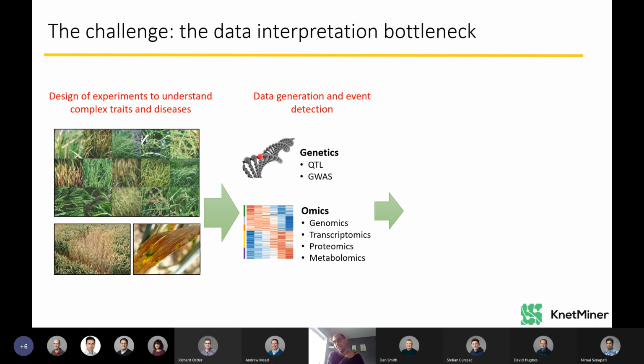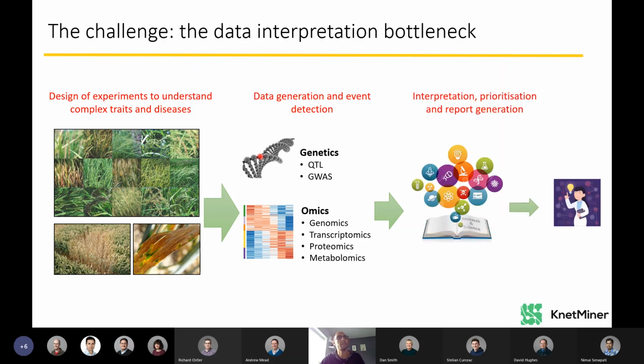Well, it's still a very challenging task, obviously, to do the analysis, but it's getting less of a bottleneck. Where the main bottleneck sits, in my opinion, right now, is to go from this step to the next step, which is about the interpretation of the data that comes from genetic and omics studies.